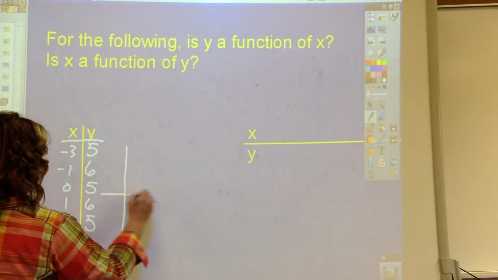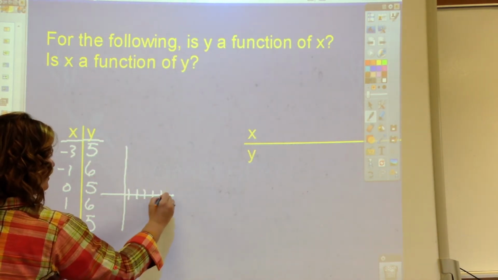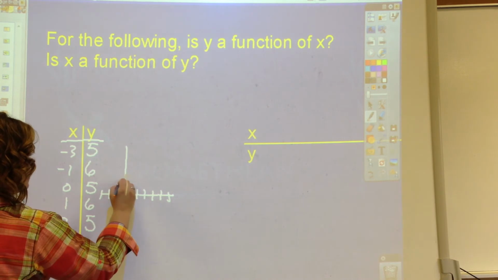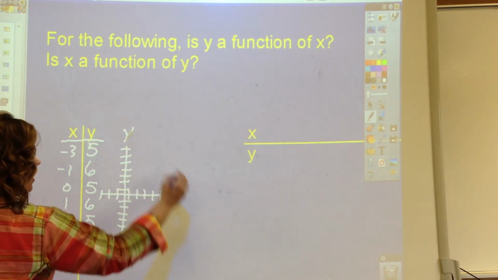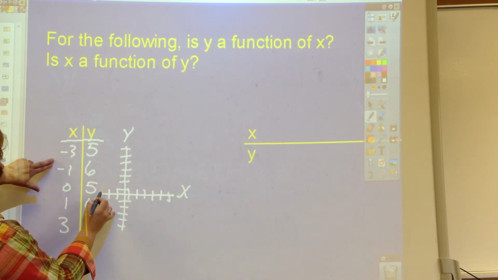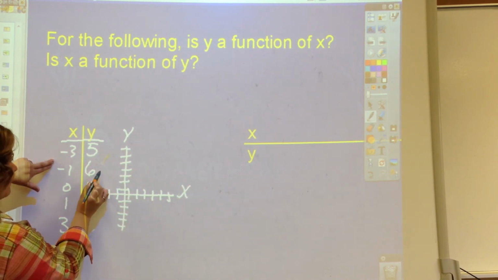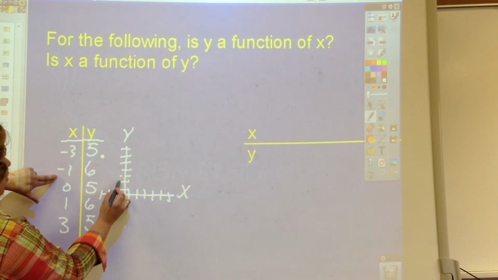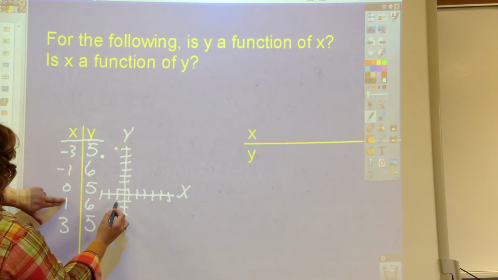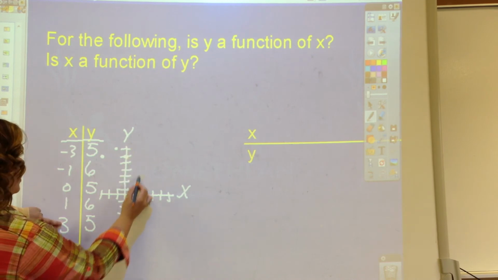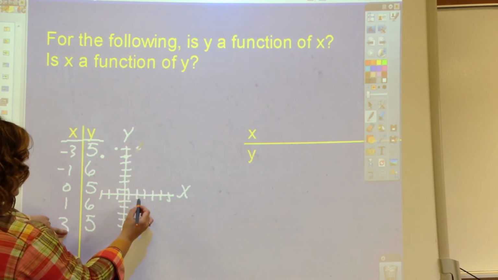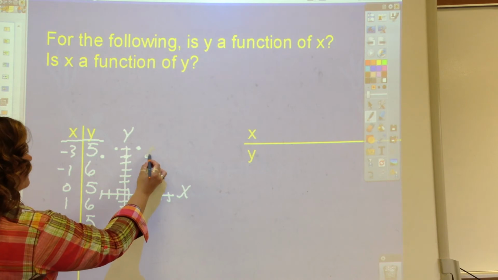In fact, let's go ahead and just graph them. If this is y and this is x, I have negative 3, 5 as my first point, negative 1, 6 as my second, 0, 5 as the third, 1, 6 as the fourth, and 3, 5 as the fifth.